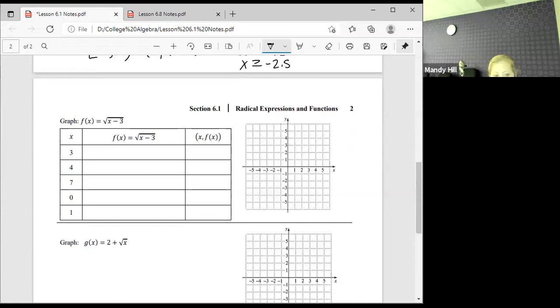So we need to graph the square root of x minus 3. They've told me already what my values are for x. They picked them for me. So all I am doing is, wherever I see an x, I'm plugging in what they want me to plug in for x, and I'm trying to find the answer by doing that.